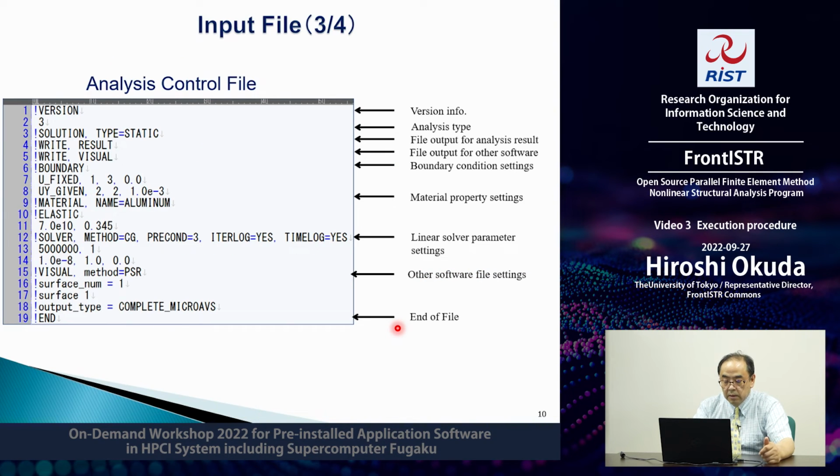This is the third and last input file, the analysis control file. A couple of pieces of information are included, like the values of the boundary conditions, material constants, or some other computational parameters.